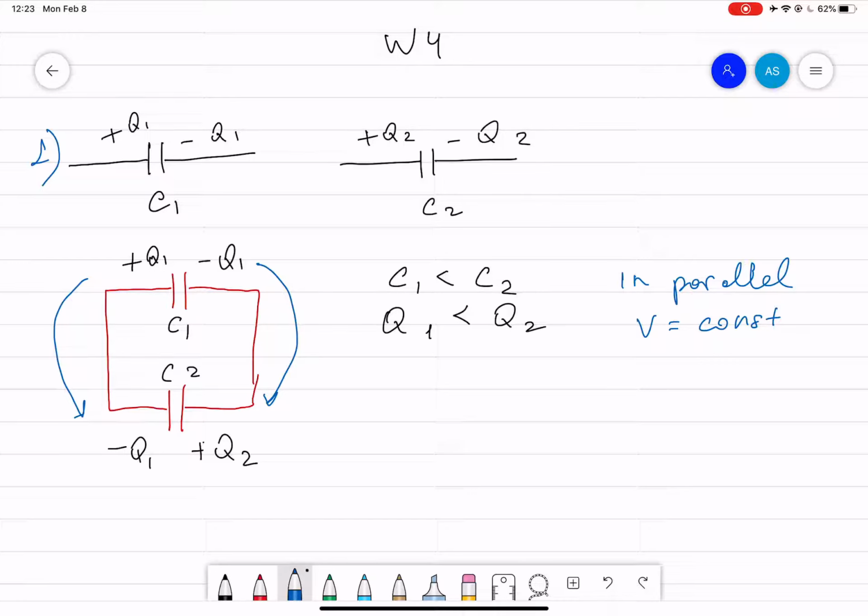or constant. If they're constant, and also when they are connected, this negative charge with the positive charge, let's take just half of it, this side.